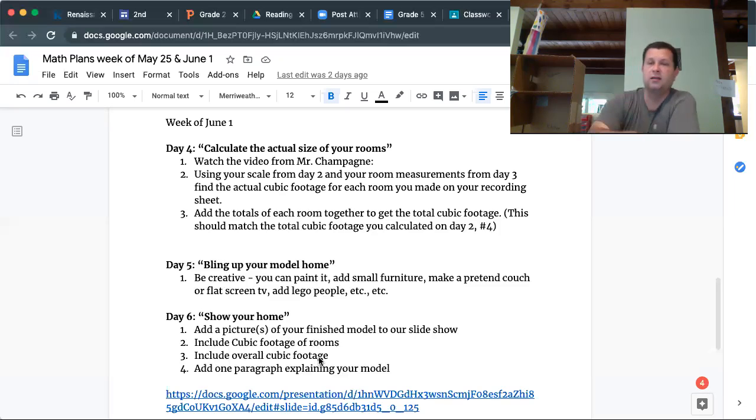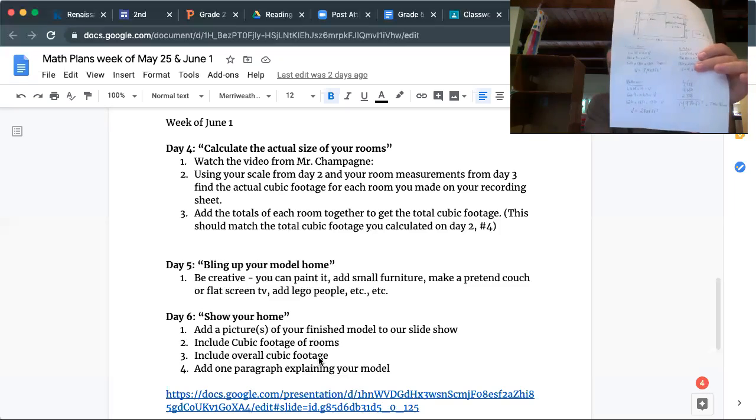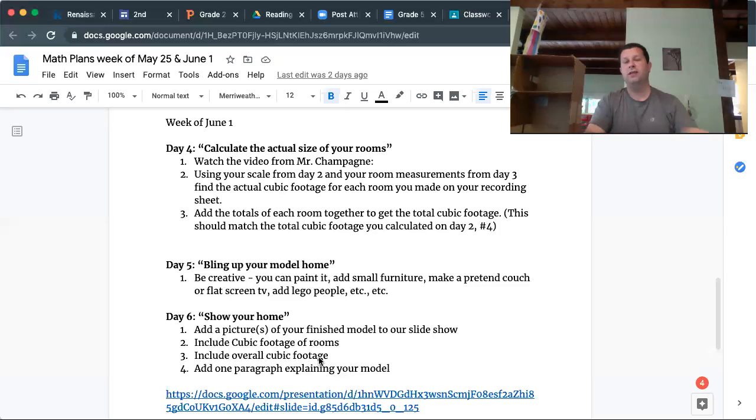I'm going to add these calculations from my recording sheet and put them on the slideshow so everyone else can take a look at yours and see how big your house is and see your different rooms.